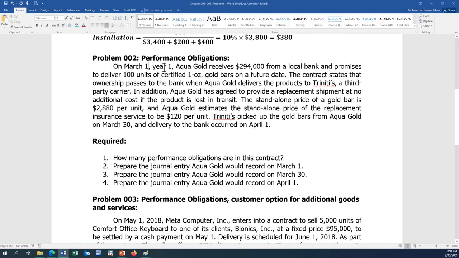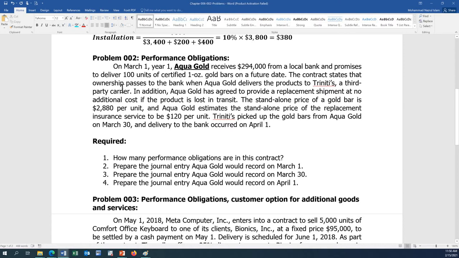So on March 1, year 1, Aqua Gold receives 294,000 from a local bank and promises to deliver 100 units of certified 1-ounce gold bars on a future date.